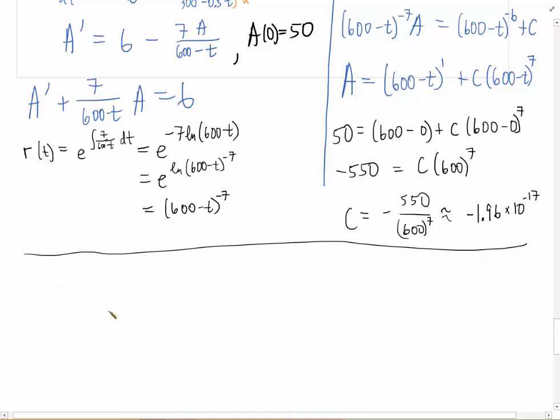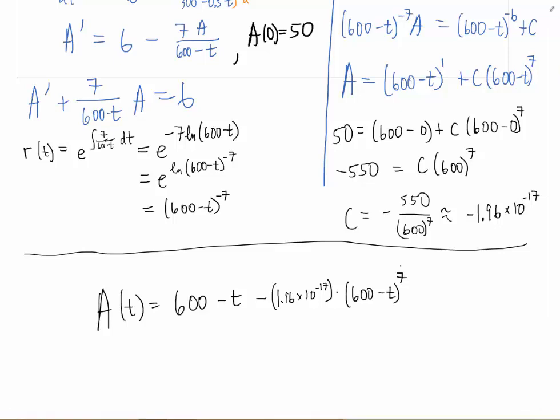And so we end up with our function at the end. A of t is, what was it? It was 600 minus t, and C is negative, so let's write this as minus 1.96 times 10 to the negative 17th times 600 minus t to the 7th. So there we have it.